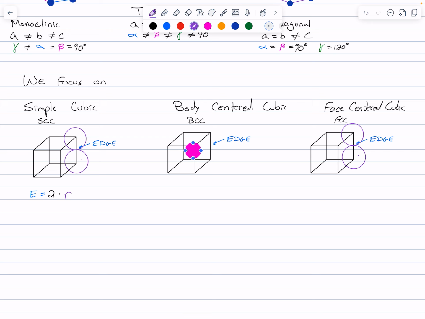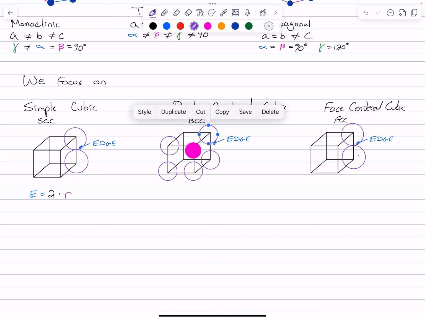Then you'd still have your atoms on the corners, so to speak. But in this case, because there's one in the middle, it's not going to work so well. There's going to be a gap there. Again, my picture's not the best. You'll find better pictures in your book.